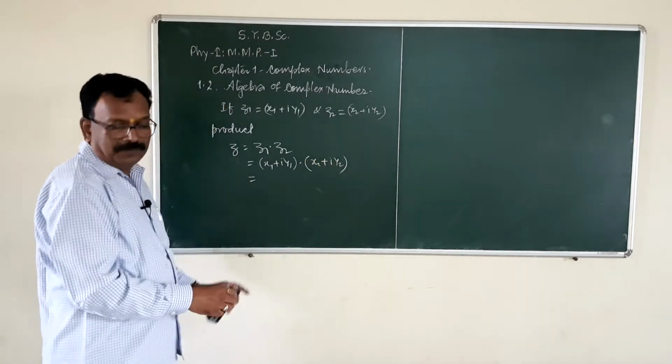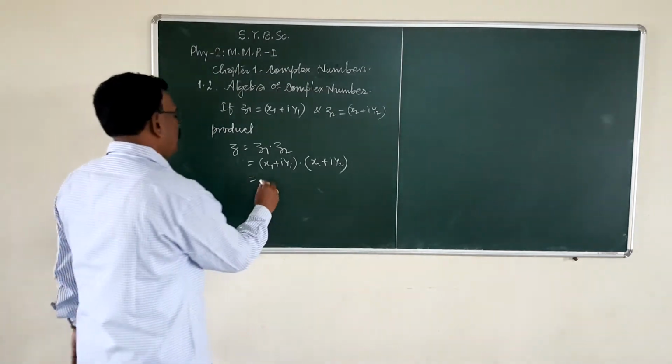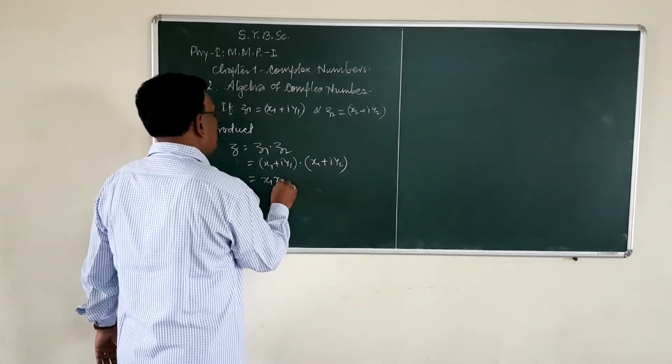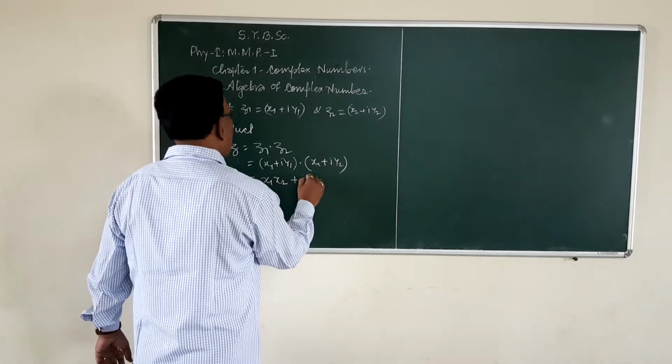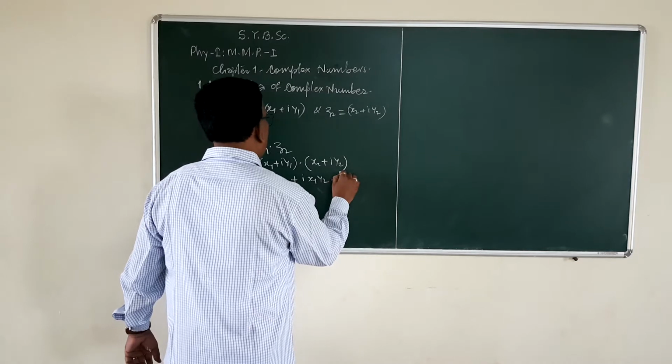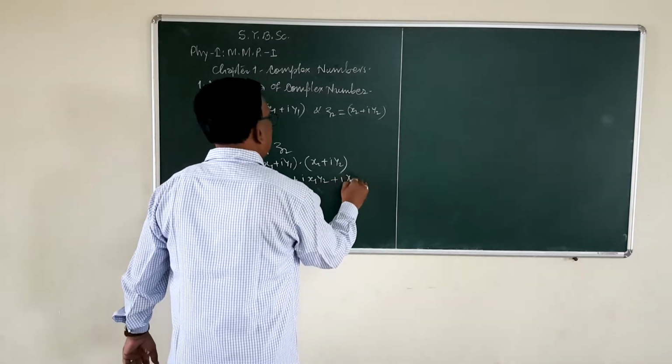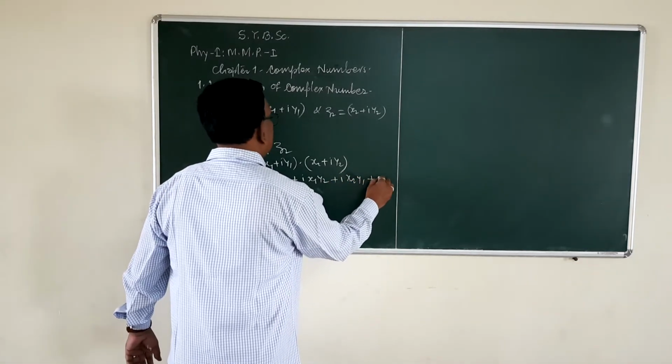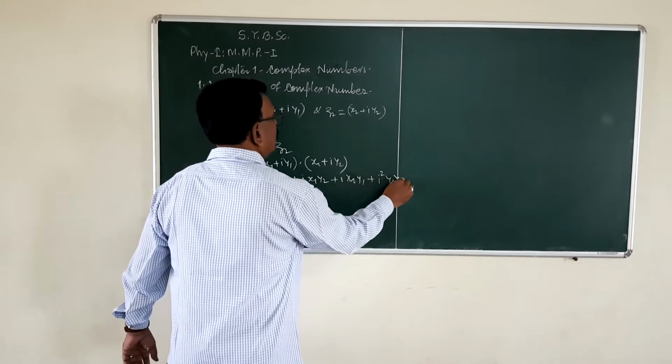After solving this, we will get x1 x2 plus i x1 y2 plus i x2 y1 plus i square y1 y2.